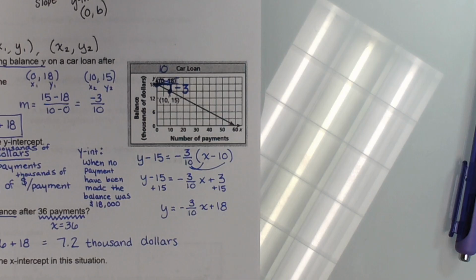So the x-intercept tells us an x value, the number of payments, when the balance is 0.